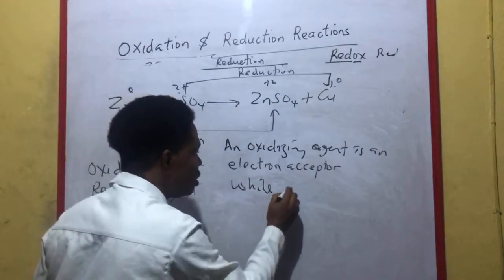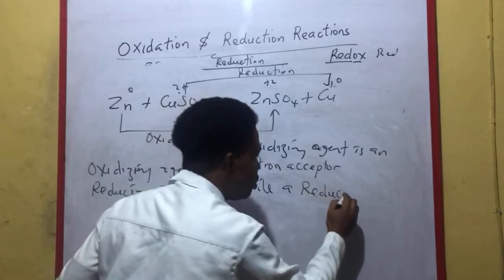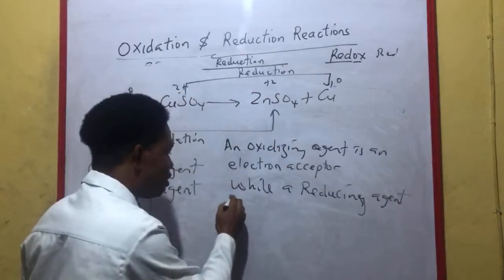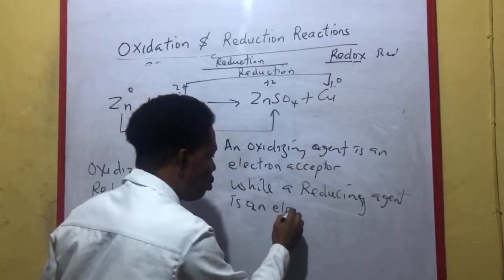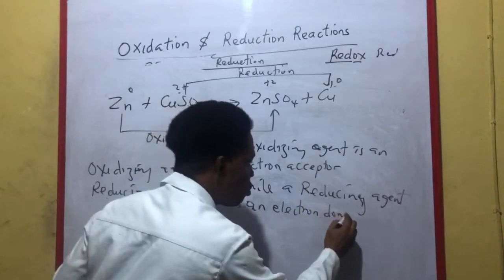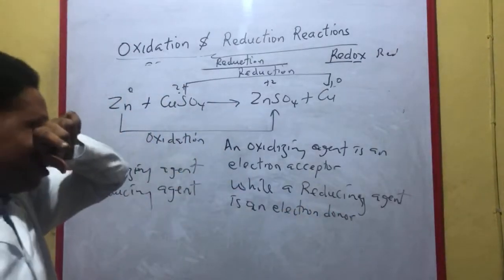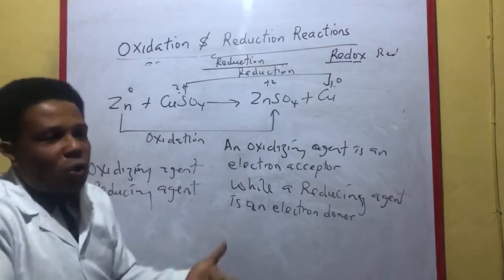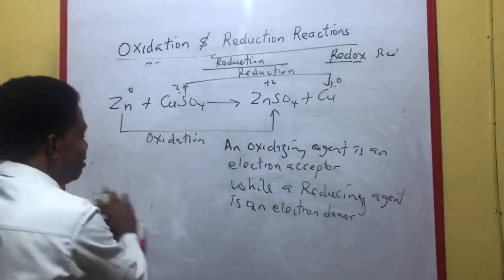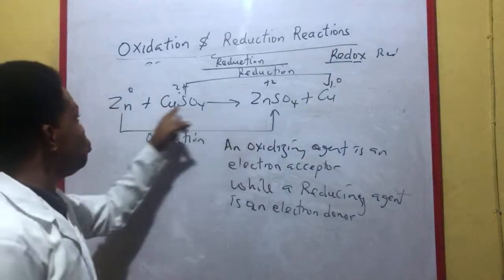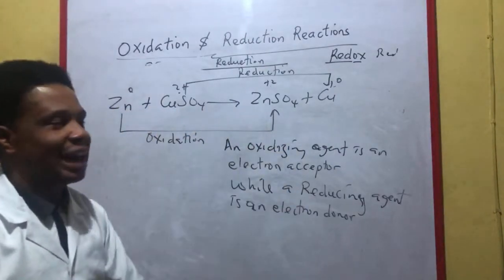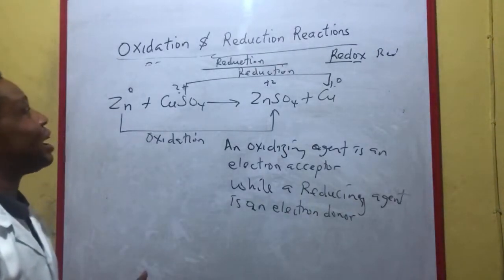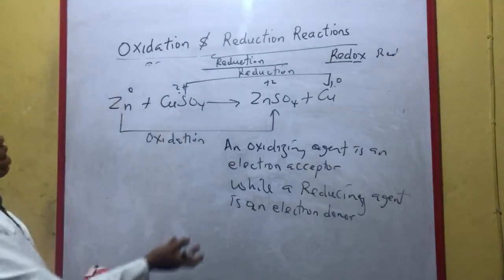One is an electron acceptor, one is an electron donor. So I can define an oxidizing agent in terms of these two. Also, whatever is reduced in this equation is an oxidizing agent, and whatever is oxidized is a reducing agent.